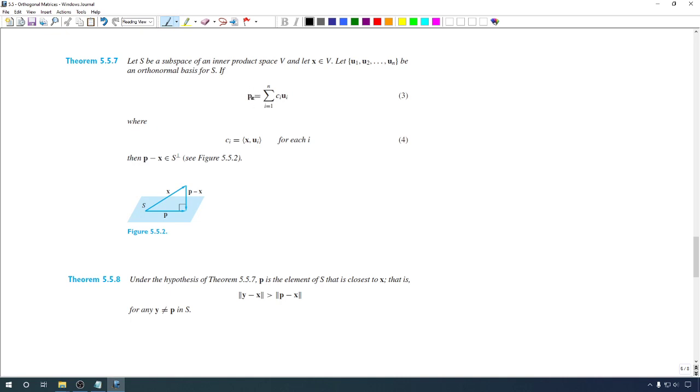We're going to call that P, and that P is going to be the projection that we're looking for. In fact, we can show that P minus X is in the orthogonal complement, that is, perpendicular to S. And we can also show that this vector P is the closest vector in S to X.